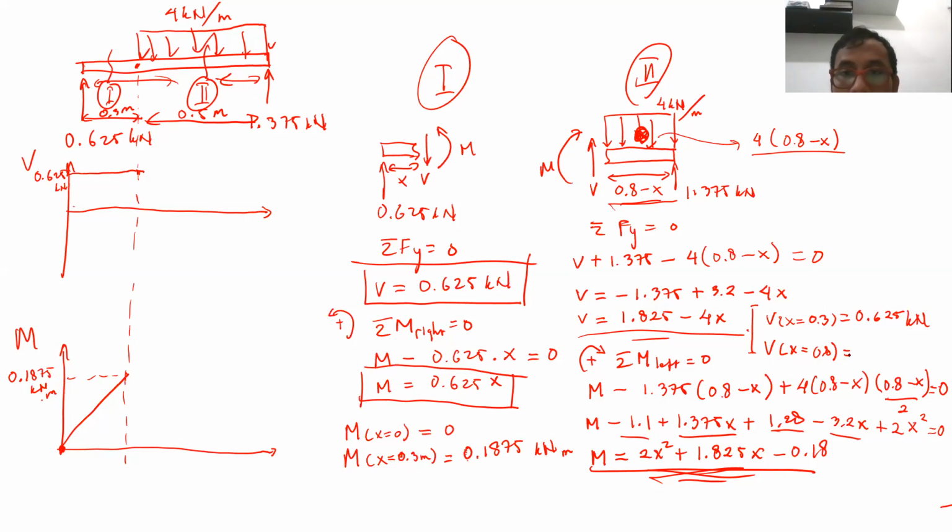Okay, the results there will be 3.2, 5 minus 3.2.